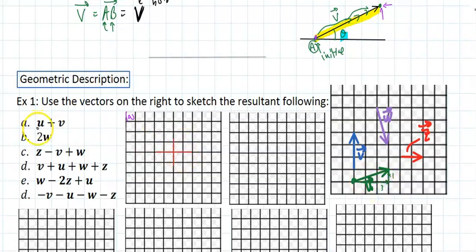So for u, you go 1, 2, 3 to the right, 1 up. Now my item is right there.